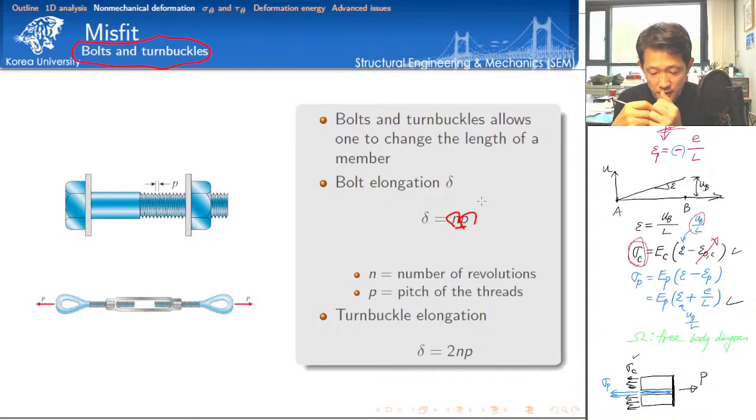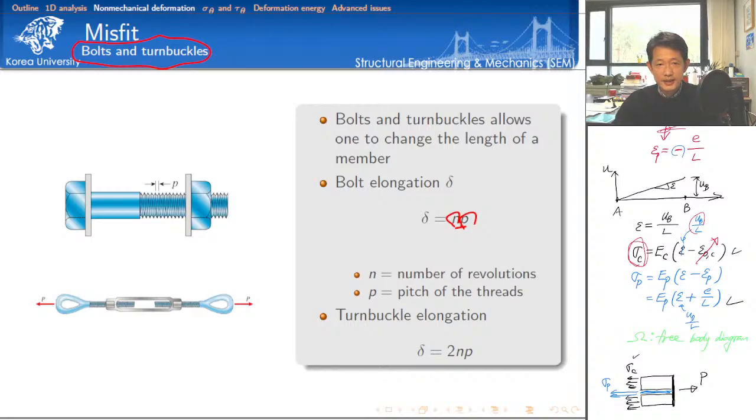Is the non-mechanical strain of the bolt positive or negative? I'm waiting. Yes, it's negative, okay? Negative.